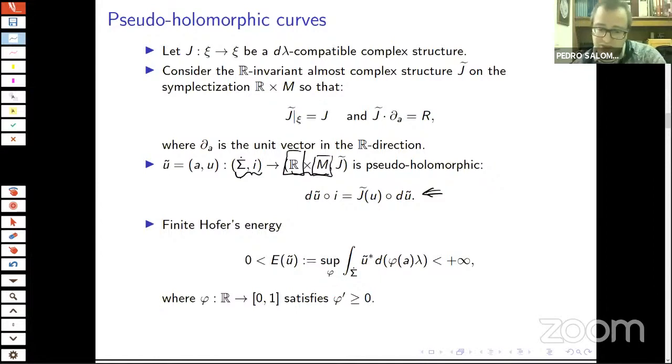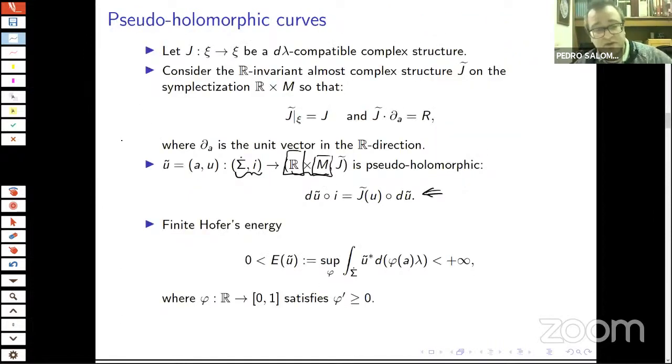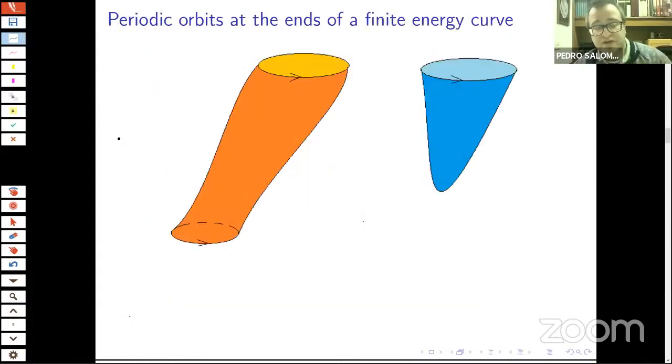It doesn't matter so much how you compute this energy, but there is this notion of energy called Hofer's energy. When it's finite, when you project to the three-manifold, the surface approaches the periodic orbits. Okay, so that's how we construct those transverse foliations, solving a PDE.